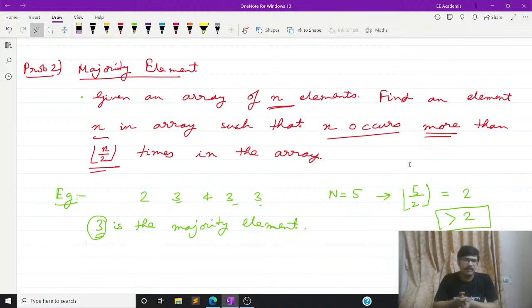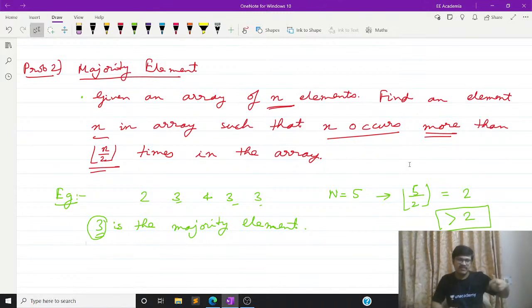One way can be to choose one element, search for that element in the entire array and count the frequency. You have to count the frequency of every element and check if any element has a frequency greater than n by 2. That you can do using hashing. You can use a hash map to solve this maybe.